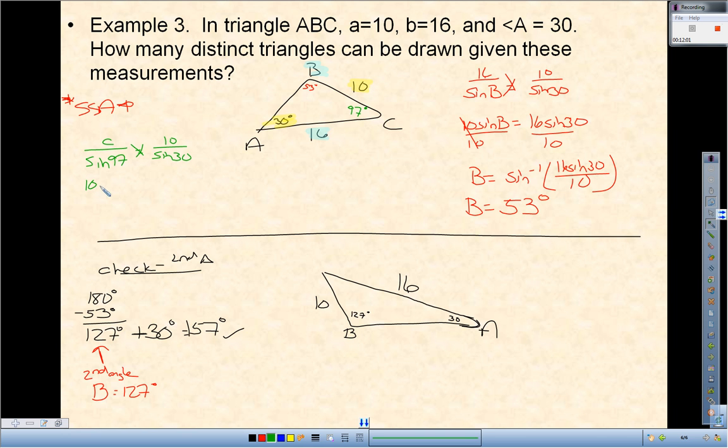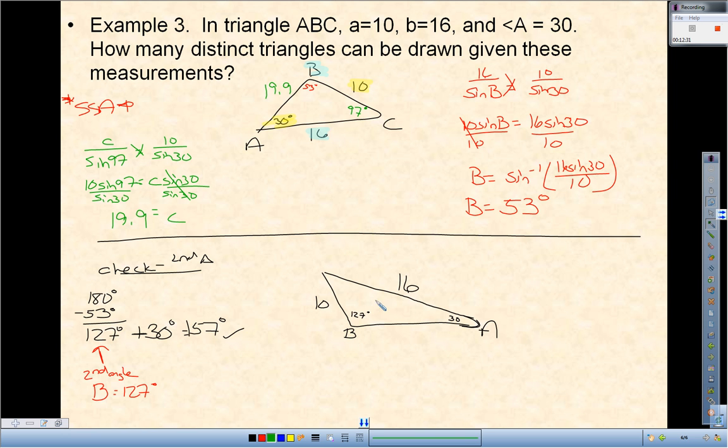Cross multiply, I get 10 sine of 97 equals C sine of 30. So I'm going to divide by sine of 30 degrees to solve for C. And so if I do that, that would be 10 sine of 97 divided by sine of 30. That would give me 19.9. So that would be the length of this one. So this triangle is fully solved.